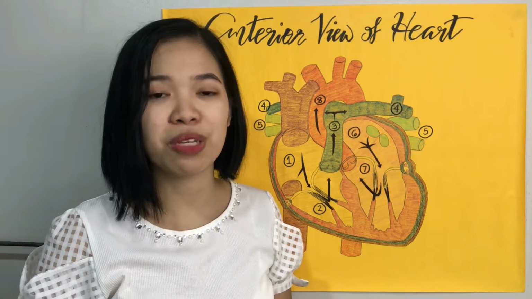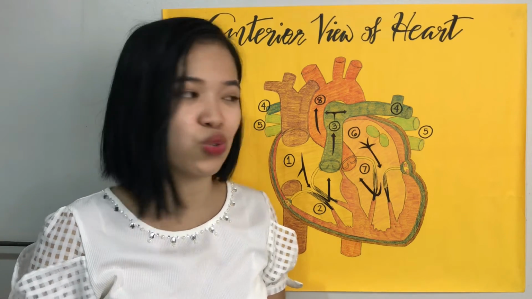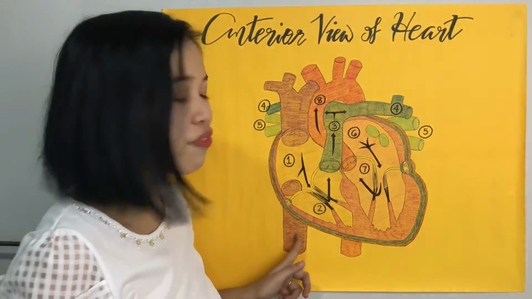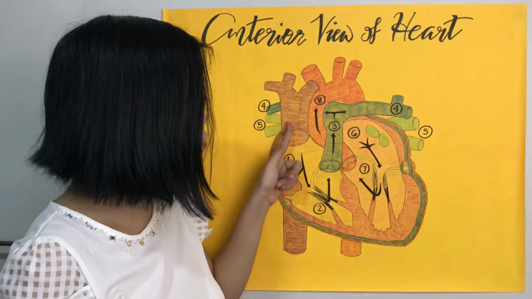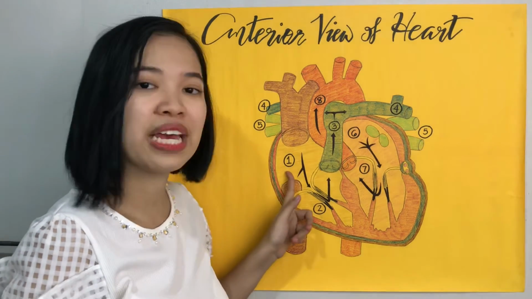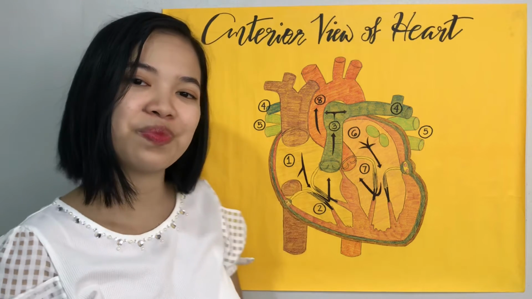Now the deoxygenated blood is passed onto the veins, where it travels into the inferior vena cava and superior vena cava to arrive in the right atrium. And then the pulmonary circulation begins again.